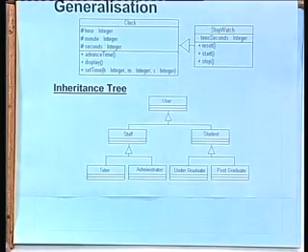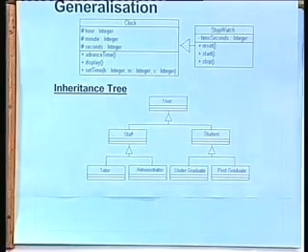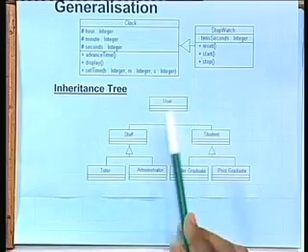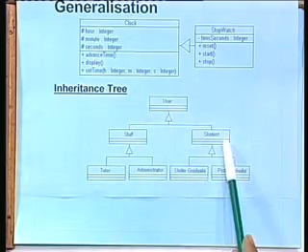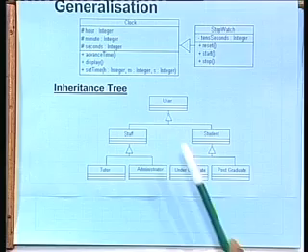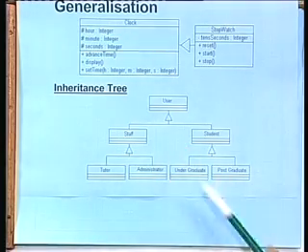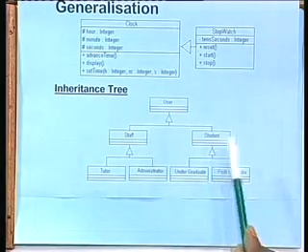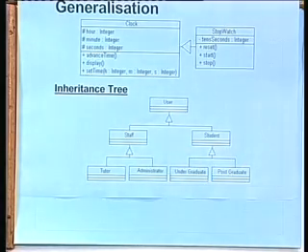So you can have a number of inheritances, and what will happen? The user will have certain properties that will be inherited by staff as well as student. The tutor will inherit the properties of the staff, and administrator similarly; undergraduate and postgraduate will inherit the properties of the student. Alright.